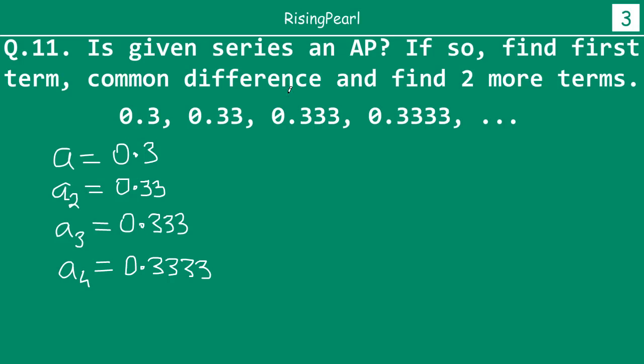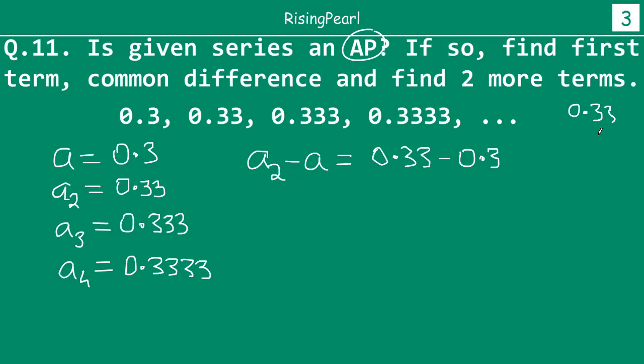To test if it is an AP or not, we will do A2 minus A1, which will be 0.33 minus 0.3. 0.3 means 0.30, so we will get 0.03.